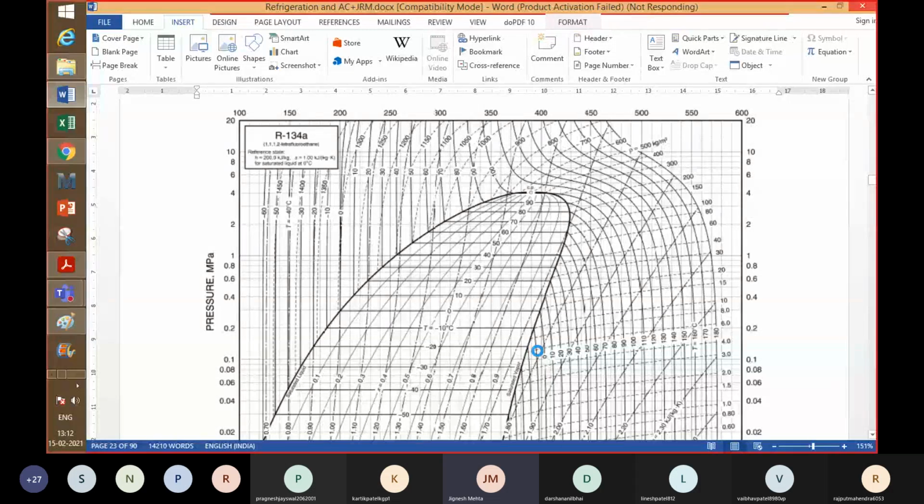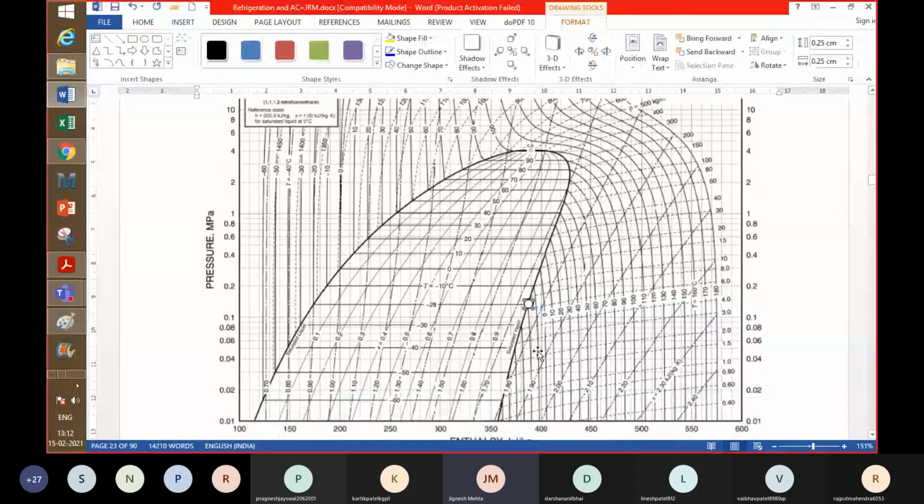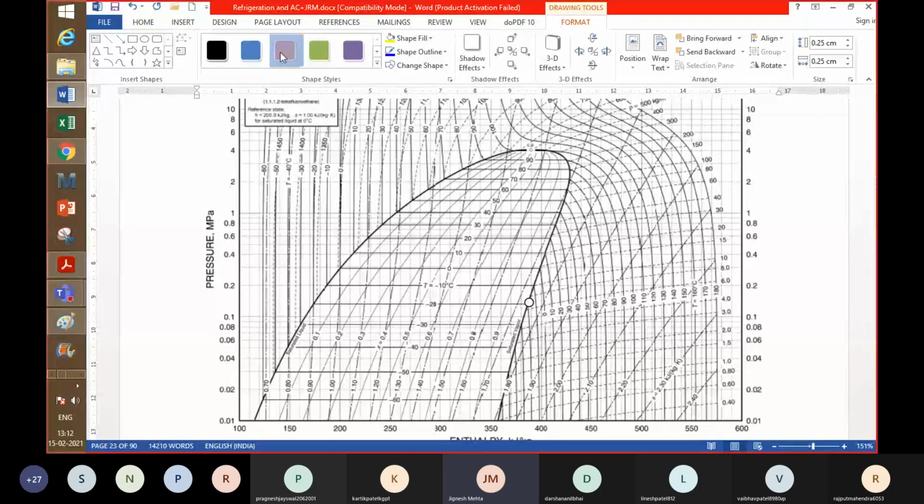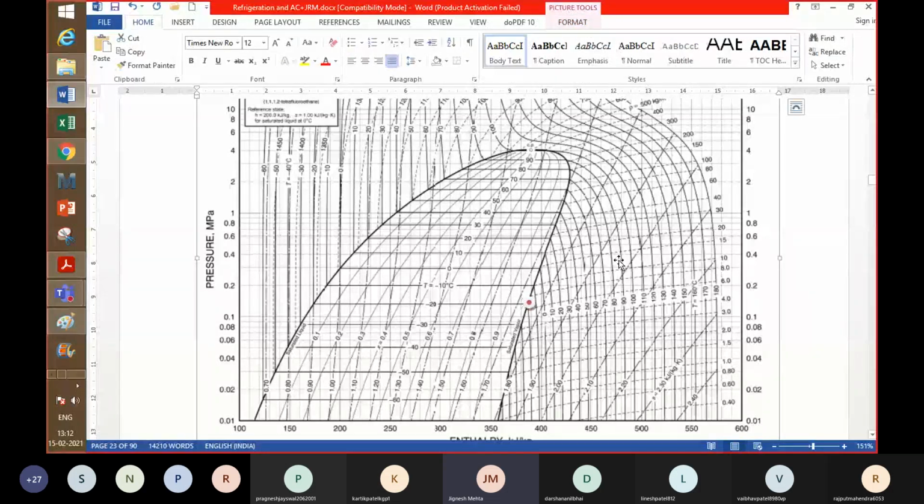After that point, it is getting compressed. So this is the outlet from the evaporator or inlet to the compressor, right? So that is point 1. This is point 1, the nomenclature that you normally give.